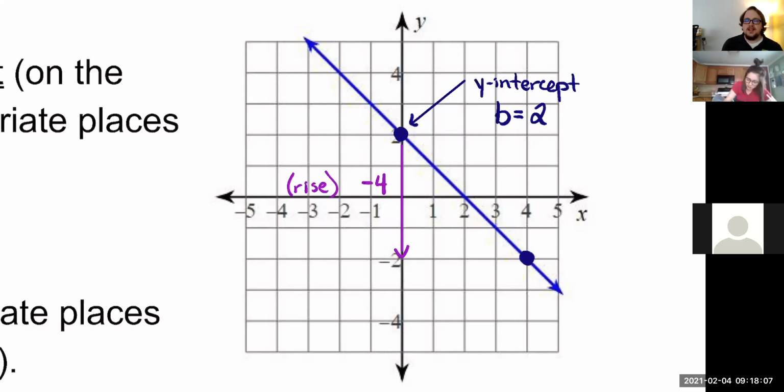The only difference is up is going to give you a positive value, down will give you a negative value. And those signs are important because they will always work out in the end so long as you have the right signs there. Now, from that location, I'm then going to travel right 4 units to reach my secondary point. Right is a positive direction, and that would be my run.